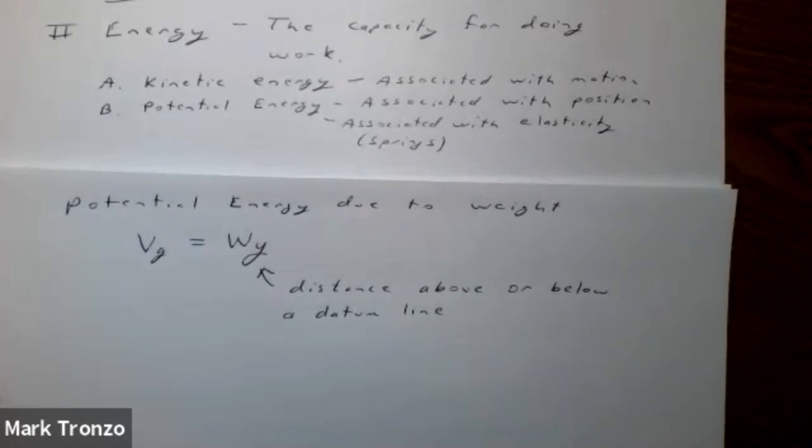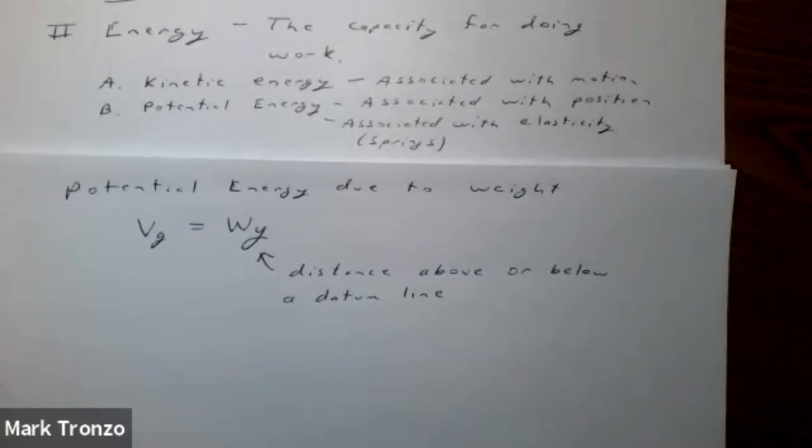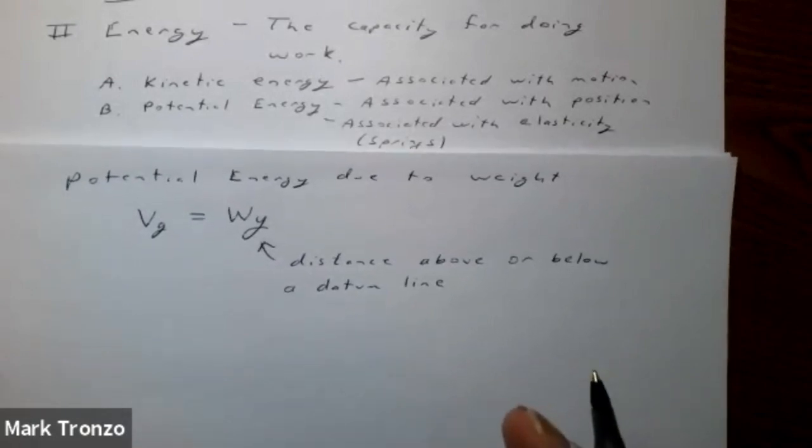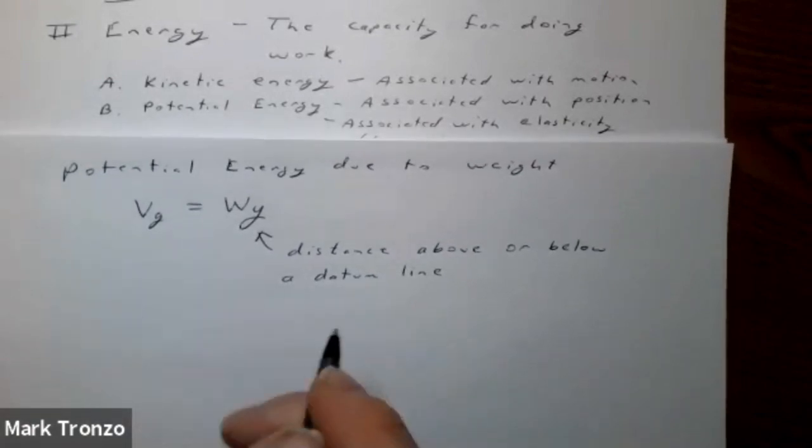And so if the object or particle is below the datum line, then y is negative.